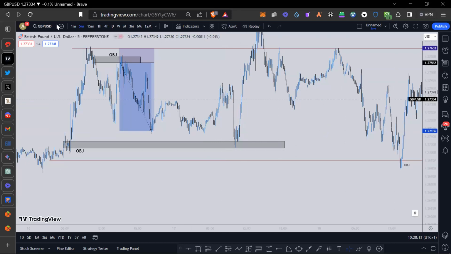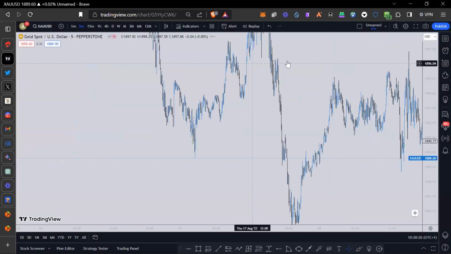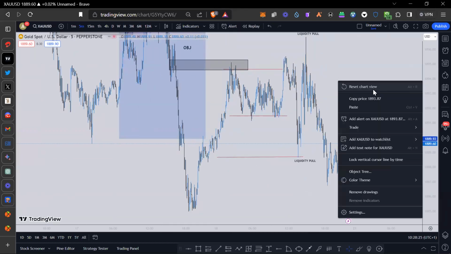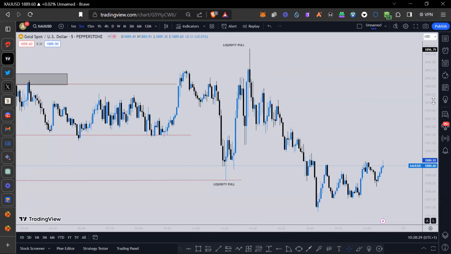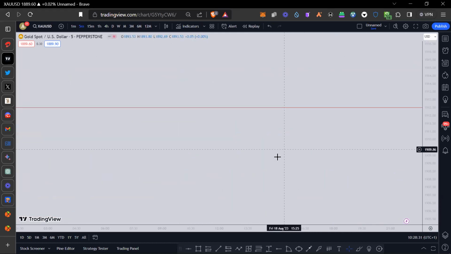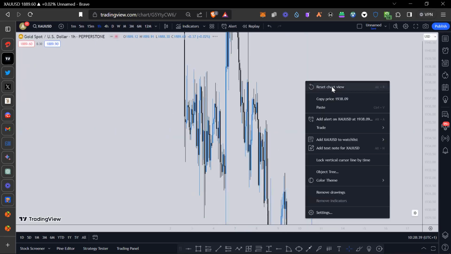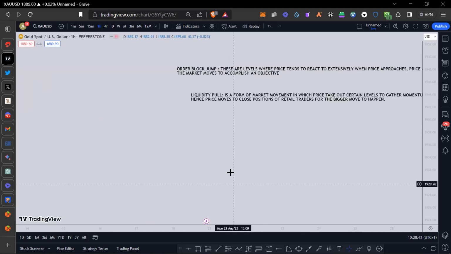Let's go back to gold. So that's basically how you can trade order block, or OBG, as I call it, order block jump. So liquidity pool now is not too far from what order block means.